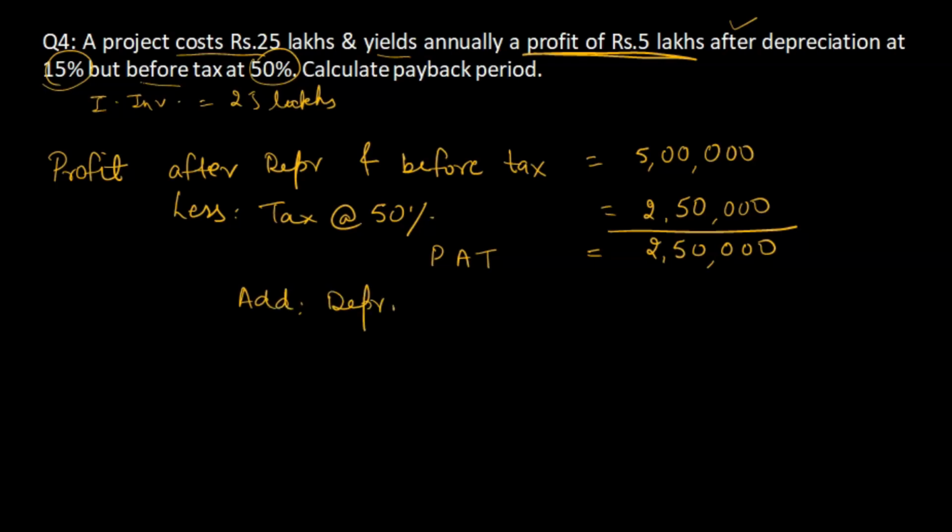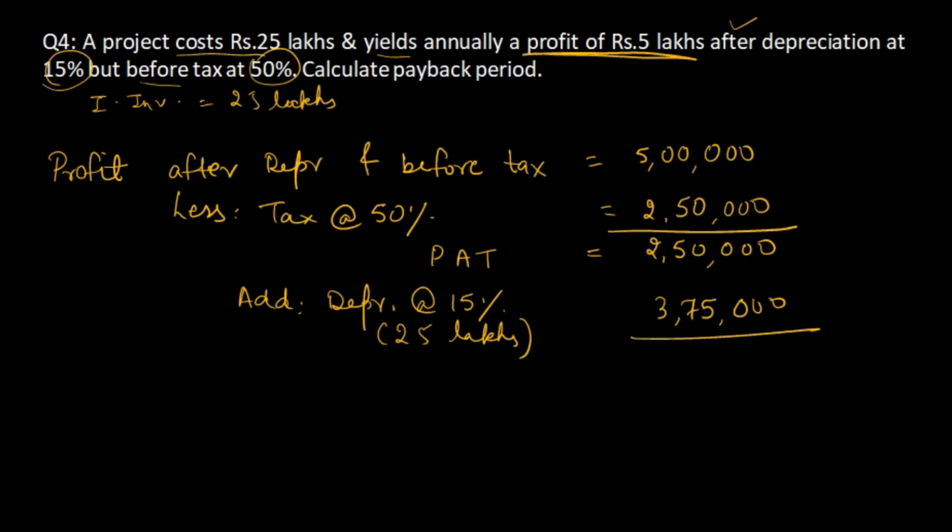Depreciation will be calculated at the rate of 15% on the initial investment. Initial investment is 25 lakh, so on 25 lakh calculate 15%. After doing the calculation, you will get 3,75,000, correct? Just check the answers, don't rely on my answer, it may be wrong also. So this 6,25,000 is CFAT.